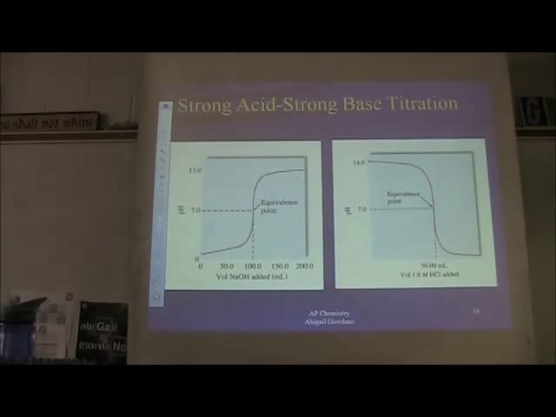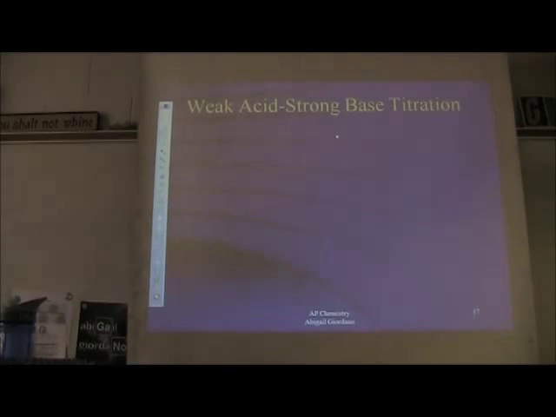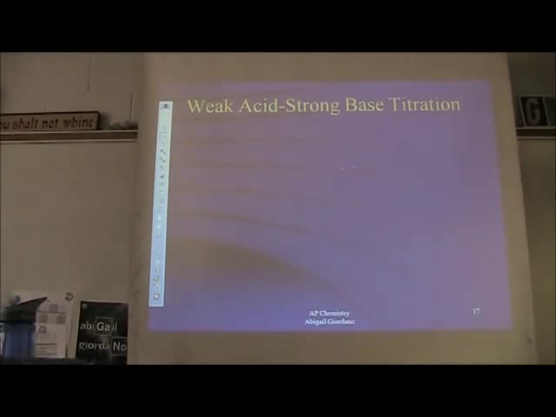So what do you do if you have something weak in the mix? Okay, well, a lot of the process is going to be the same as what we were doing at the end of last class, with just a few other little added changes.